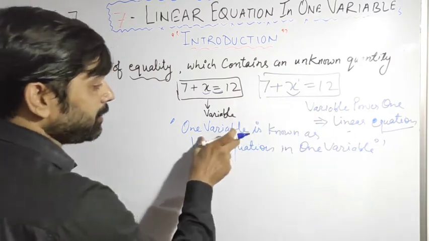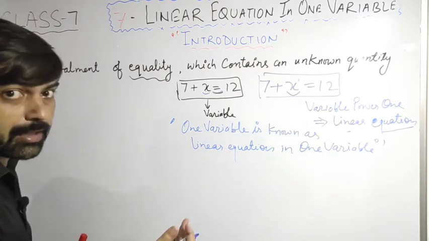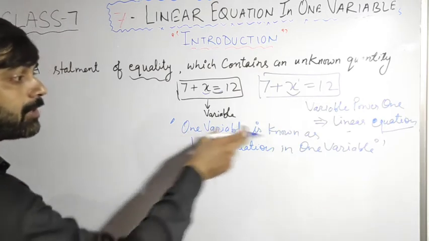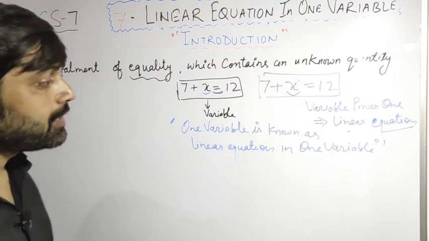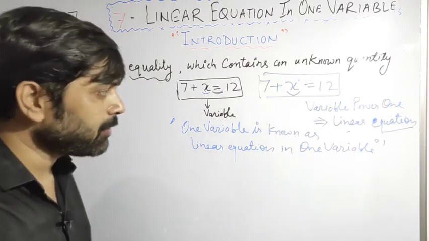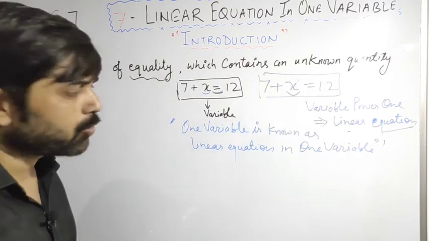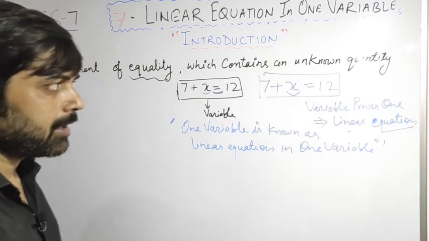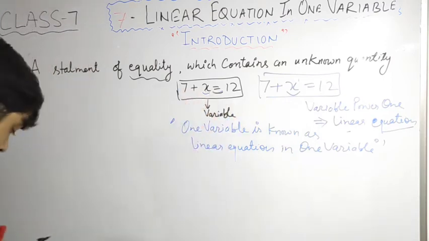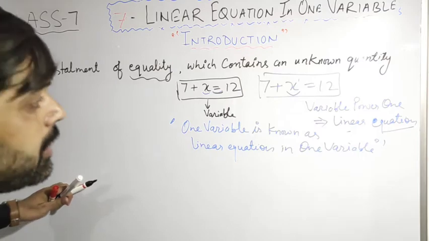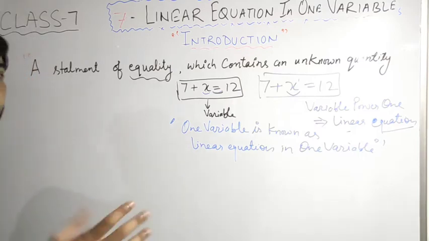Understood? If there is only one variable in the equation, then it is known as a linear equation in one variable. If an equation contains only one variable, then it is a one variable equation.